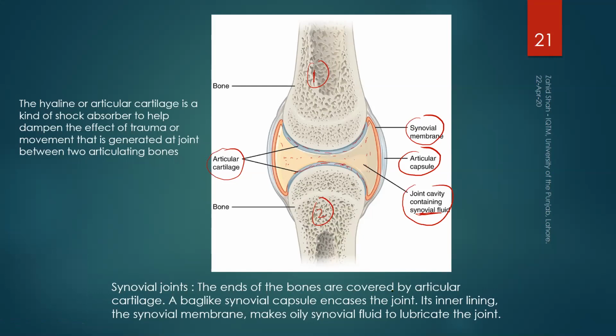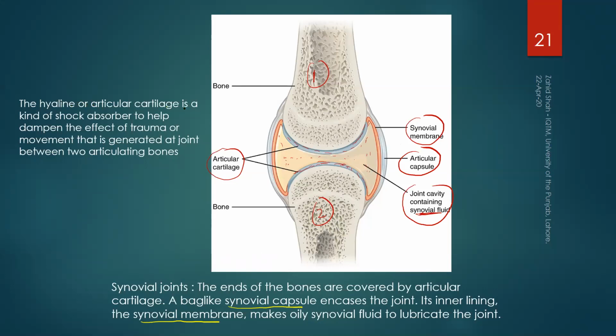The ends of the bones are covered by articular cartilage. A bag-like synovial capsule encases the joint. Sorry, outside is the capsule, and inside is the membrane, and that membrane makes the synovial fluid.